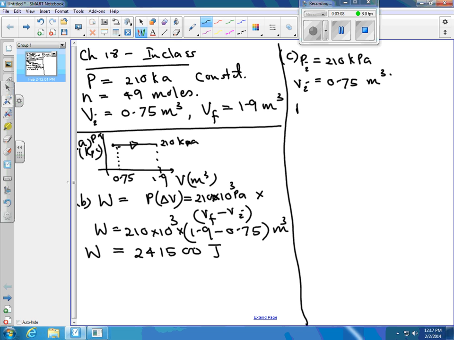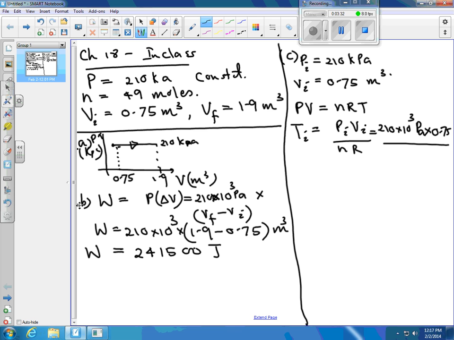So if you use PV equals nRT, you can find the initial temperature, which is Pi Vi over nR. Pi is 210 times 10 to the 3 Pascal times Vi 0.75 divided by 49 moles times 8.31 joules per Kelvin per mole, right?